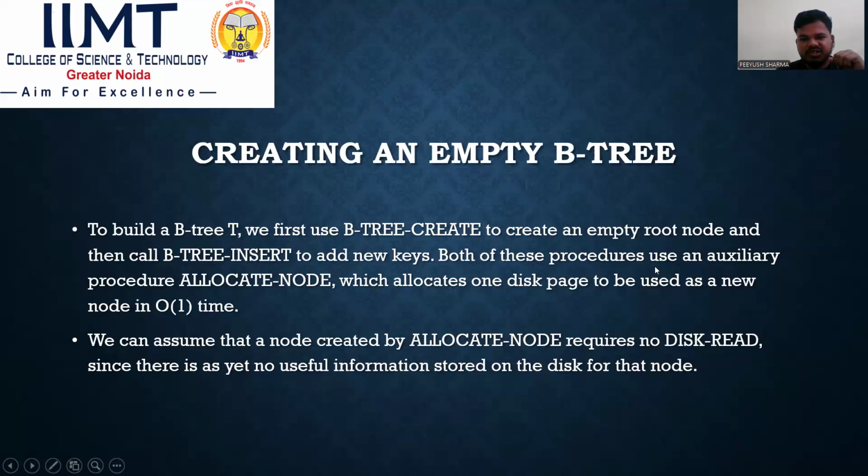Both these procedures use an auxiliary procedure, allocate node, which allocates one disk space to be used as a new node in order of one time. For example, in a linked list we create a new node, allocating memory for inserting our data. First we create a node, and after that we insert data into that node.